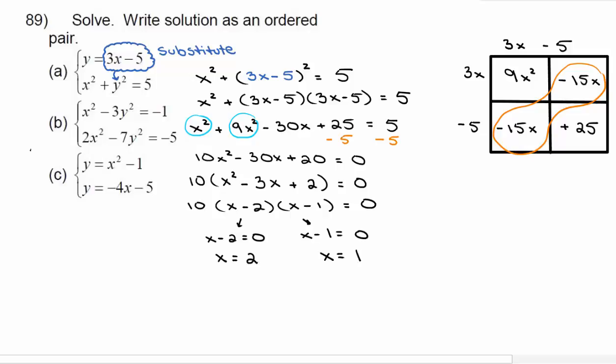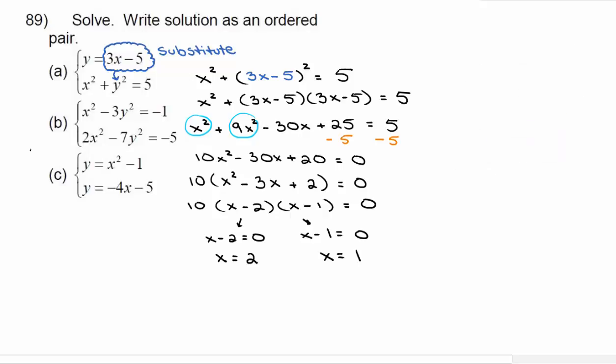Now we're not done because our solution has to be an ordered pair. I'm going to have to go back and substitute to find that ordered pair.